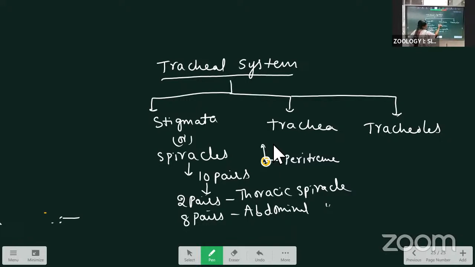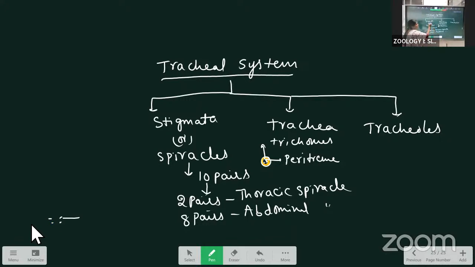These hair-like structures we call trichomes. These trichomes always prevent dust particles from entering the spiracle. All the spiracles are the same like this.